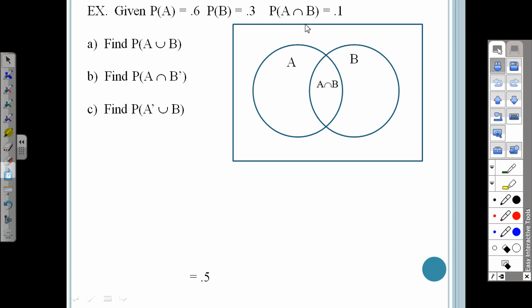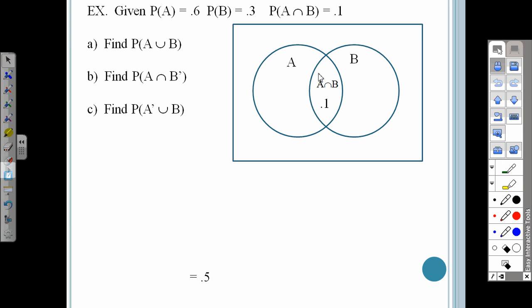So if you notice, I have already drawn a Venn diagram, and what we're going to do is put the probabilities in all of these spots accordingly. So the first probability that you want to fill in is this intersection, A and B, which they've already given us is 0.1. Then we're going to go over here to the probability of A, which they've told us this whole circle should be 0.6.